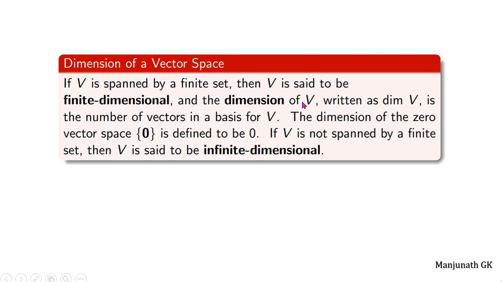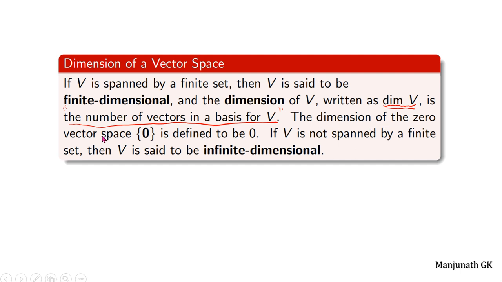The dimension of V, written as dim V, is defined as the number of vectors in a basis for V. This is the definition. The dimension of a vector space is the number of vectors in a basis for V.